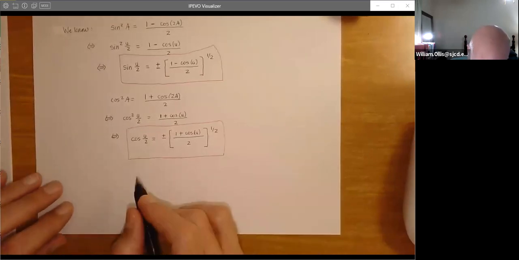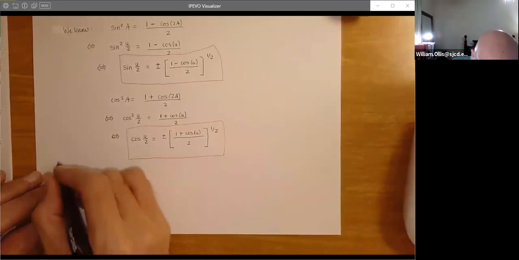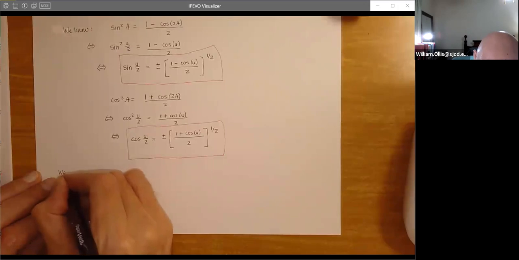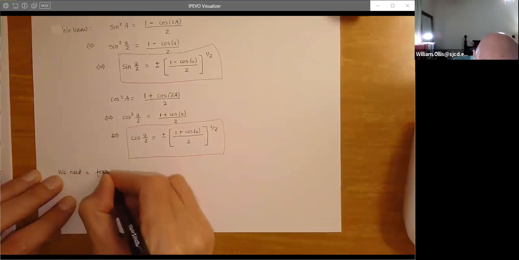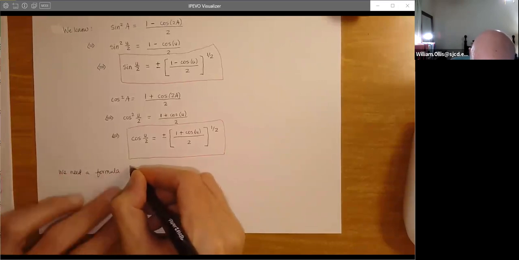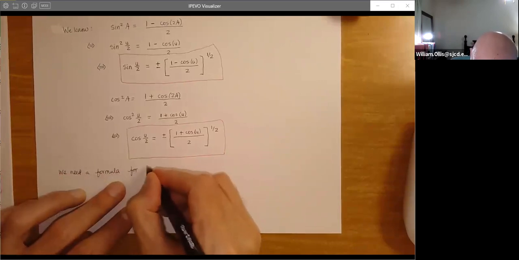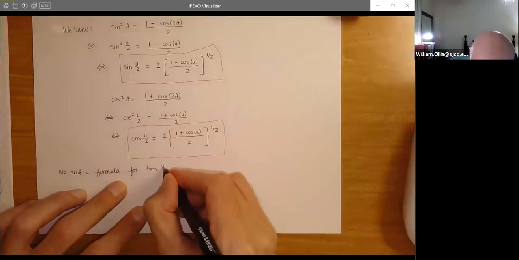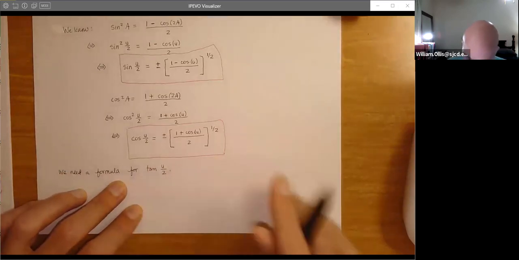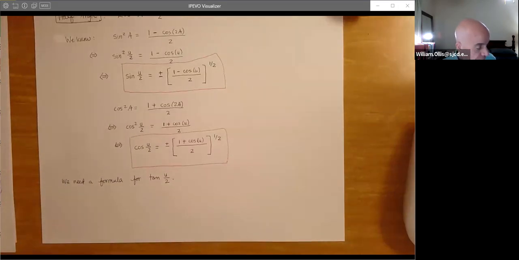For tangent, we need a formula, and this turns out to be useful in Cal 2, for tangent of the half angle. And I use u over 2 as I used here. Okay, so let's do that. And I'll show you some algebraic manipulations that will allow us to get this very easily.